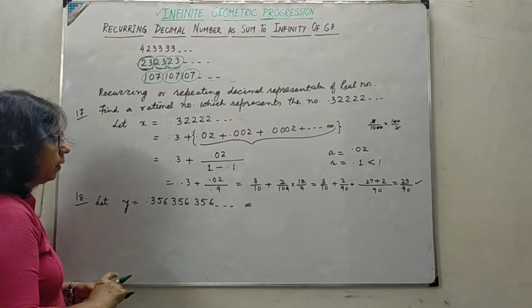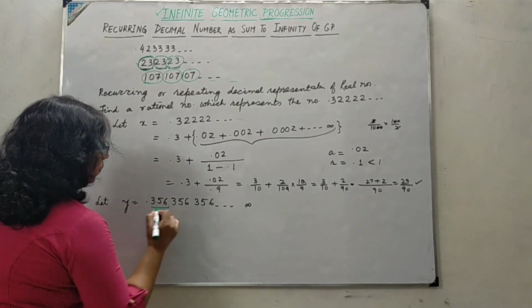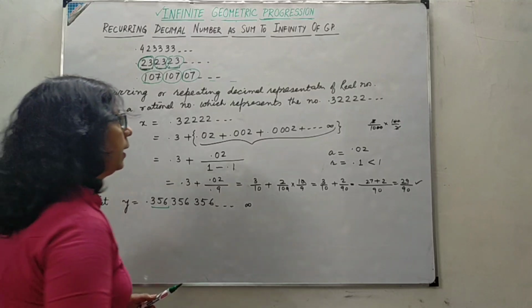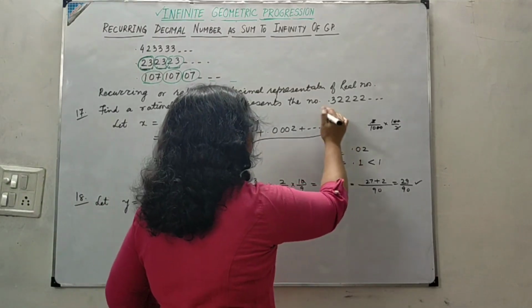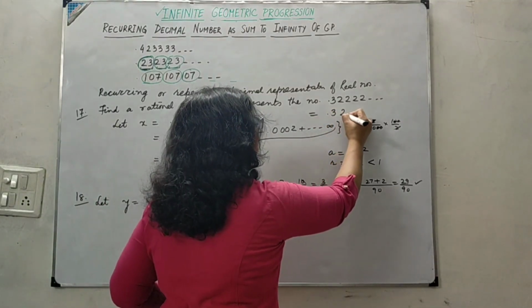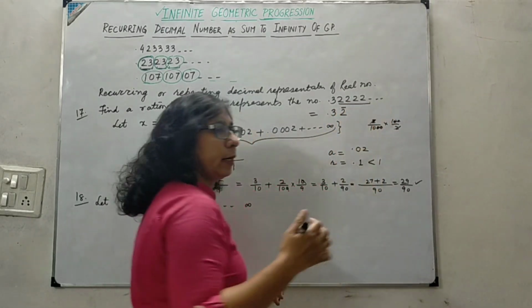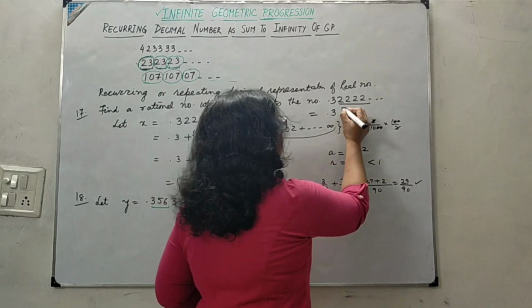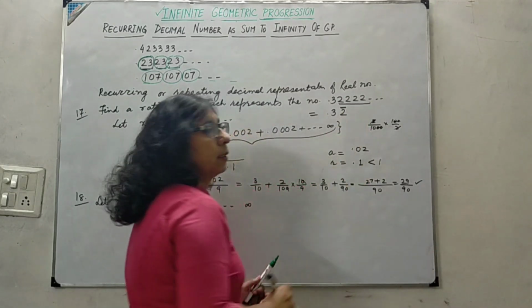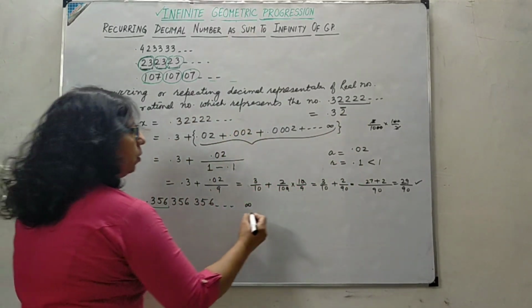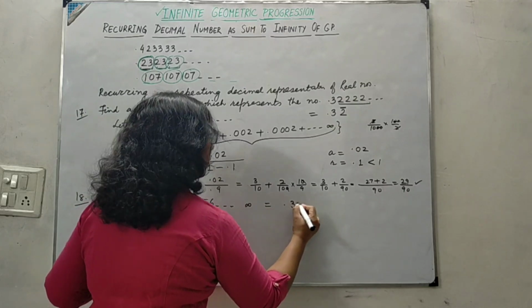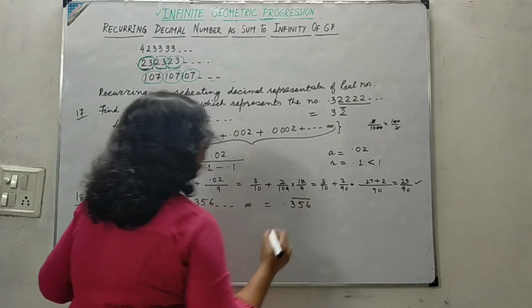Now you can see here the repeating part is this. There is one more thing. I can write this number in the form of 0.32 bar, which is the repeating part, which is periodic and repeating after some period. I can always represent that as a bar. So here I can also write the number as 0.356 whole bar.